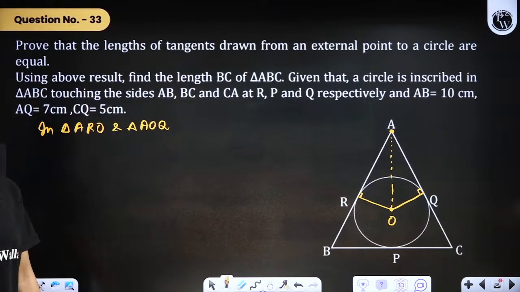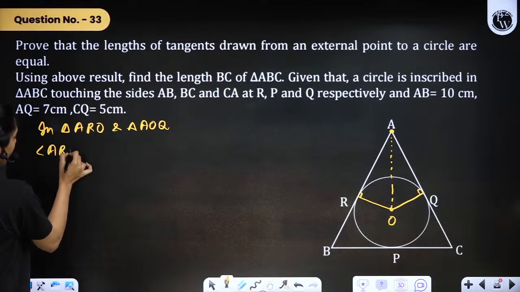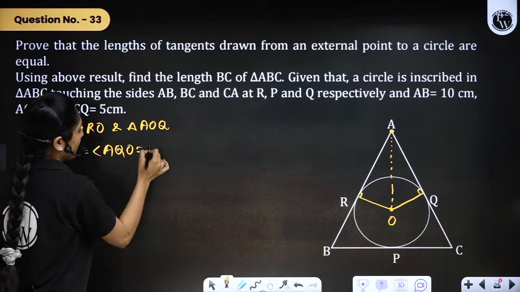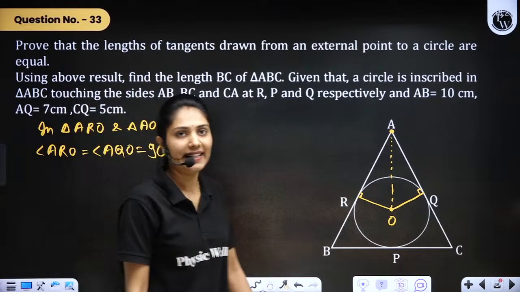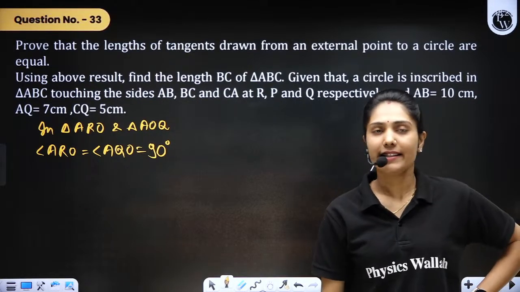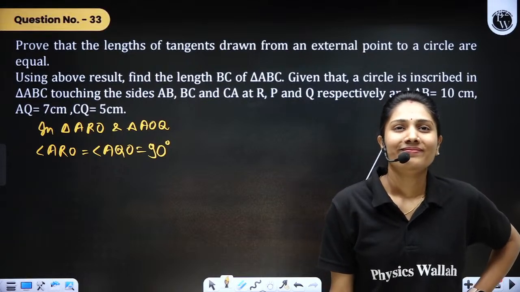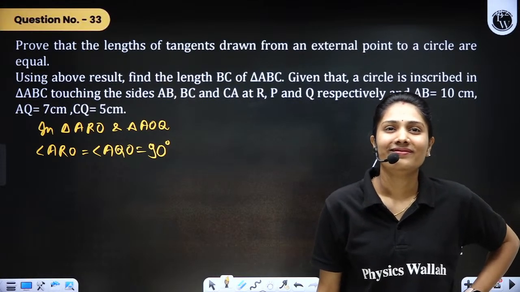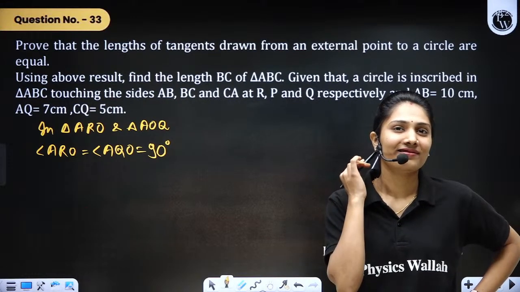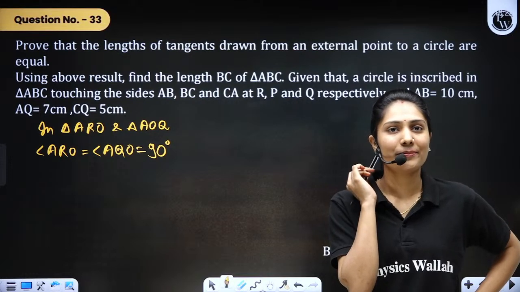What can I say, beta? Angle ARO is equal to angle AQO, which is equal to 90 degrees each. Yes, angle R is 90 degrees.